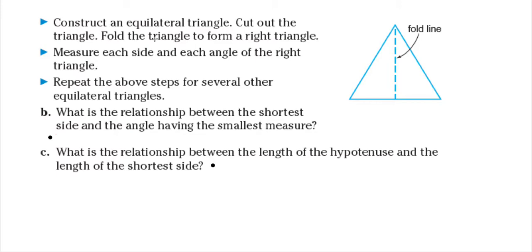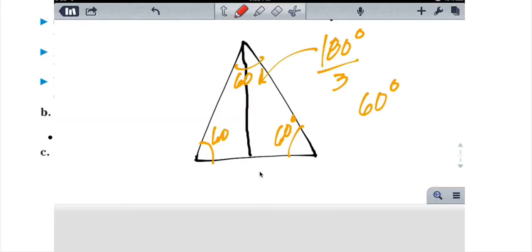So this is our equilateral triangle going back there. The total measure of all the angles is 180 degrees. Again, since it's an equilateral triangle, all angles are congruent, so we simply divide 180 degrees by 3.